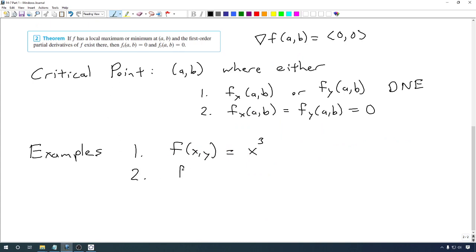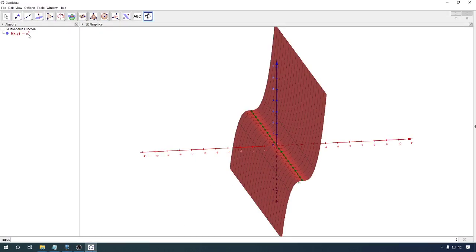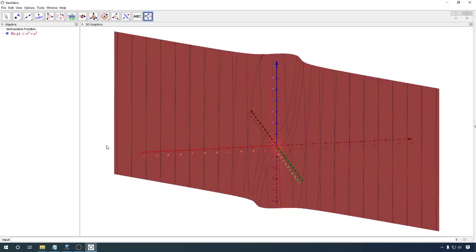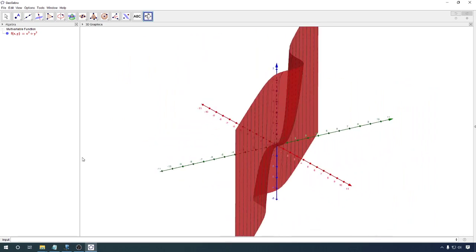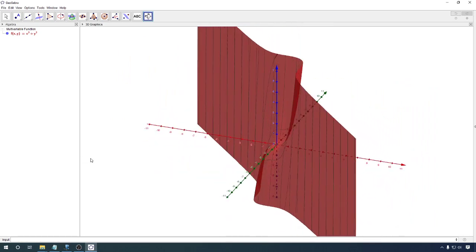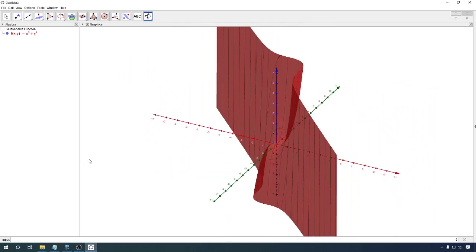What if we modify it to actually have something with y in it? Let's do x cubed plus y cubed. So we just go ahead and modify this. I'm just going to add a y cubed in there. This one's a little bit more interesting. And it turns out if we do go through the calculations, not too hard to do here, but at the origin at (0, 0), there is a critical point.